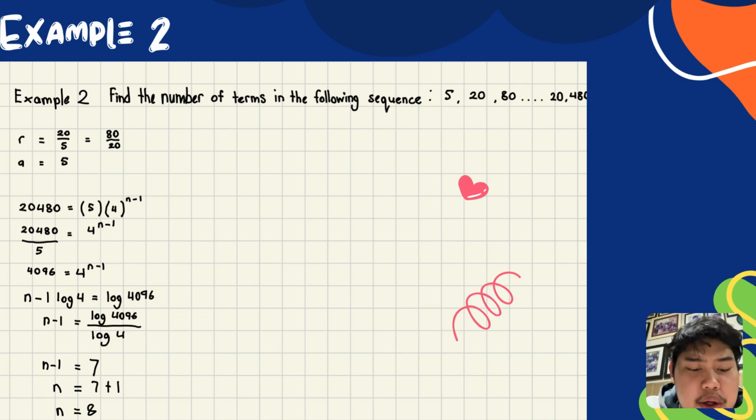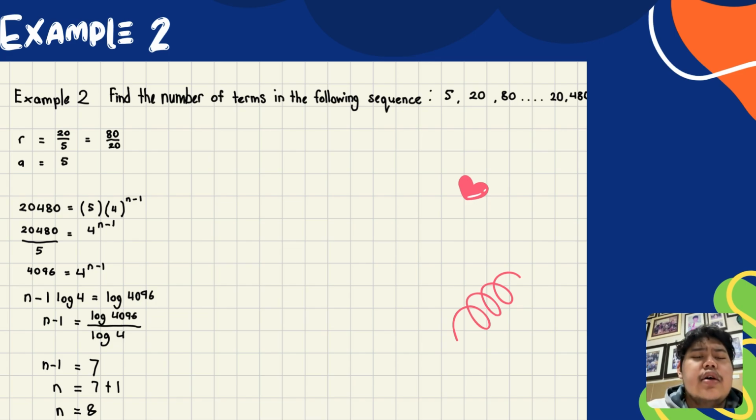So here, we're going to use the Tn formula, the formula for the nth term. We got 20,480. That is our Tn, because here you can see they ask for the number of terms in the following sequence. So they did not give us which term that we need to use. So we need to take the highest term, which is 20,480.